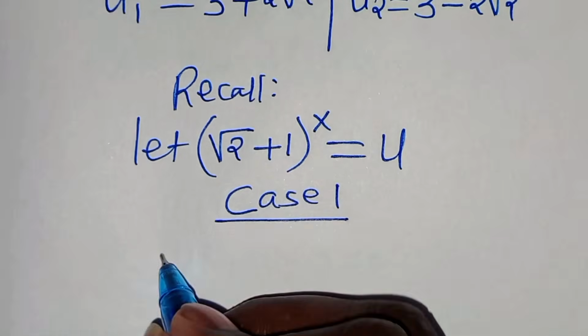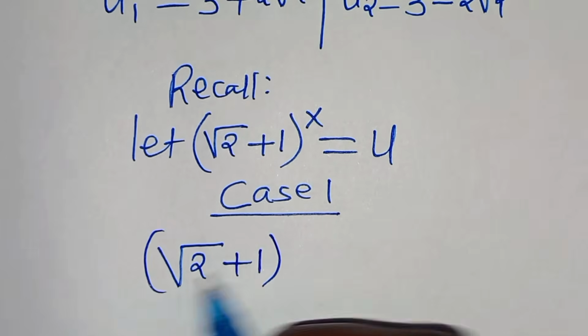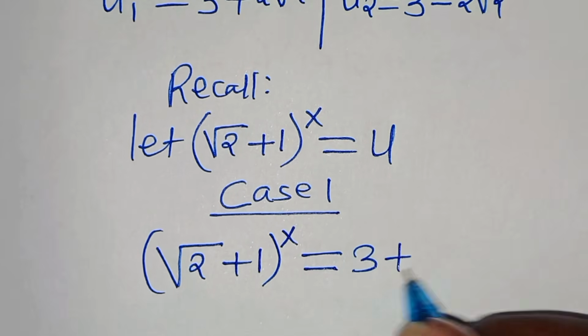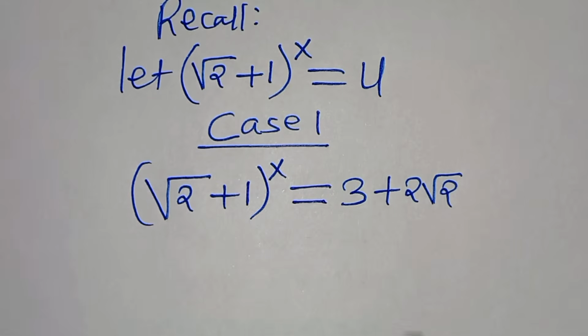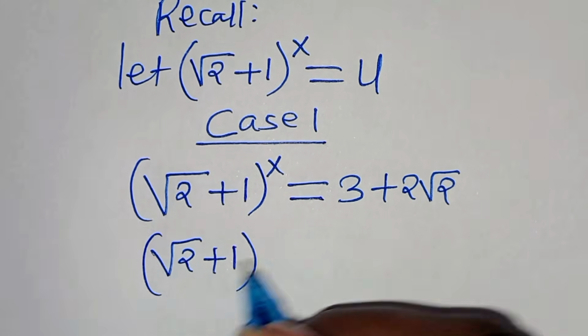So we have the square root of 2 plus 1 raised to the power of x. This is equal to 3 plus 2 square root of 2. Now, this is square root of 2 plus 1 raised to the power of x.